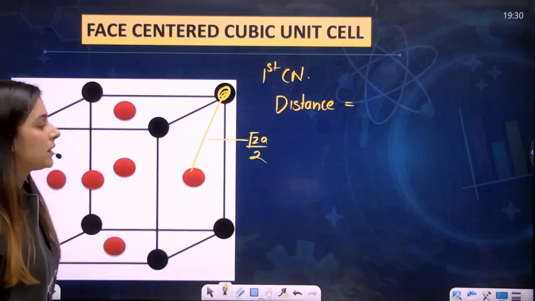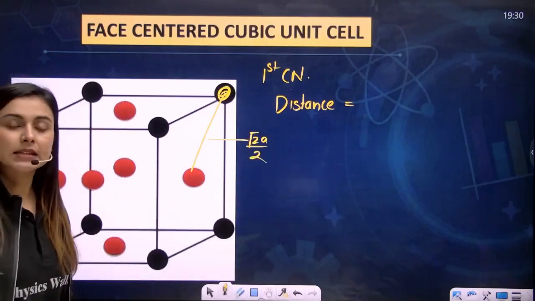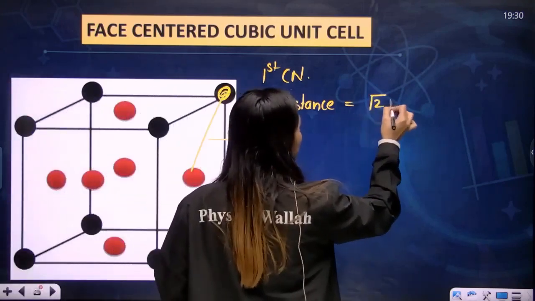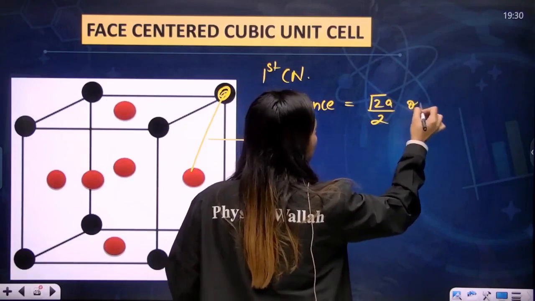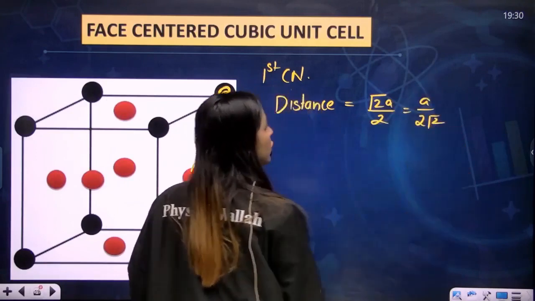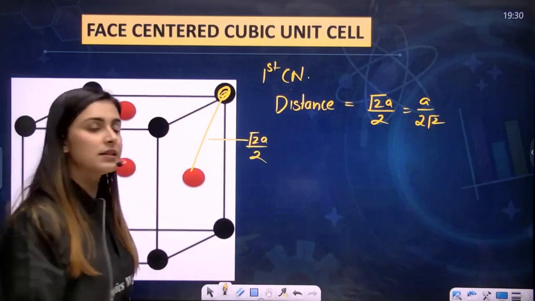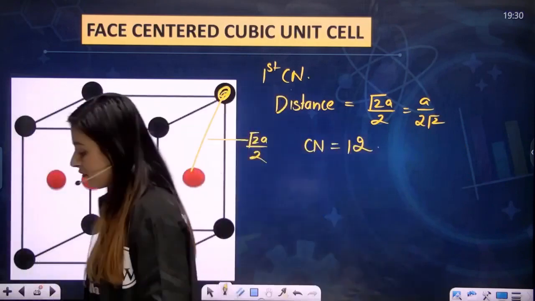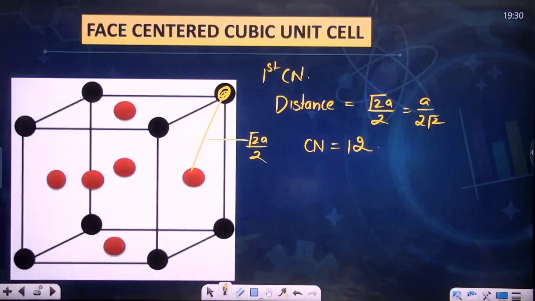This is the nearest distance. Now, since the distance is root 2a by 2, or we can say this is equal to a by 2 root 2. Is it a multiple of root 2? Yes. Since it is a multiple of root 2, the coordination number will be equal to 12.